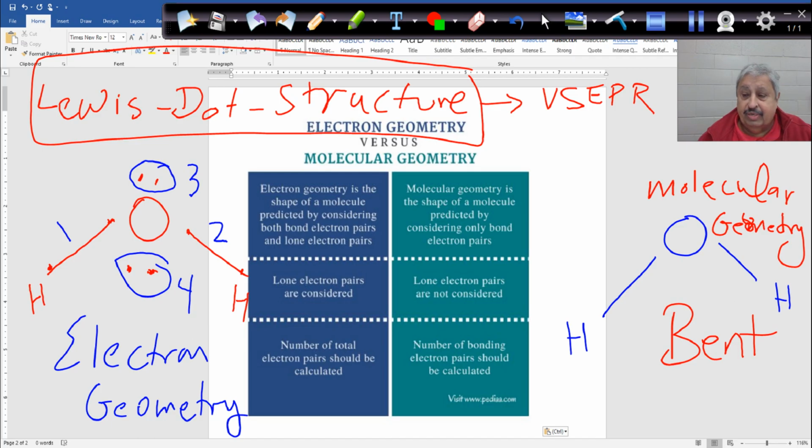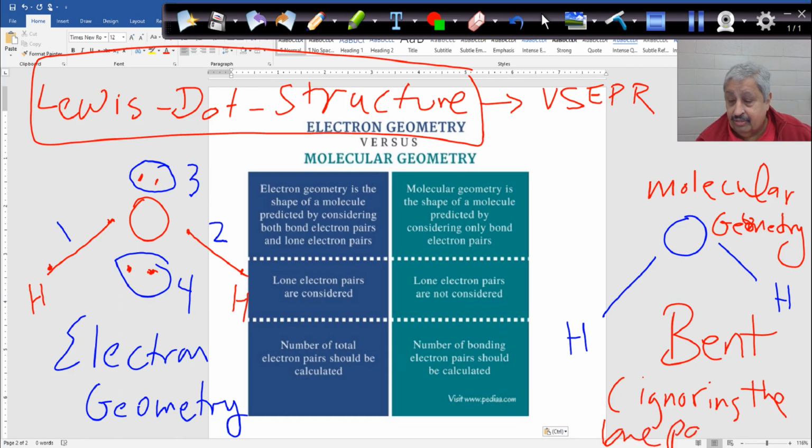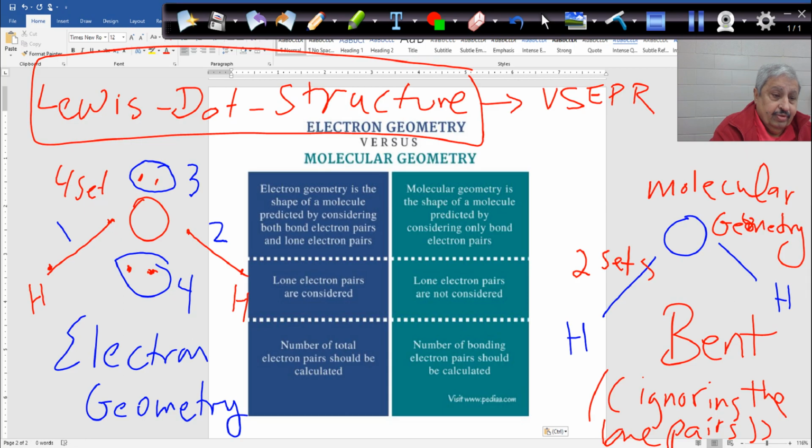They don't consider the lone pairs, ignoring them. Here we consider all sets of valence electrons.